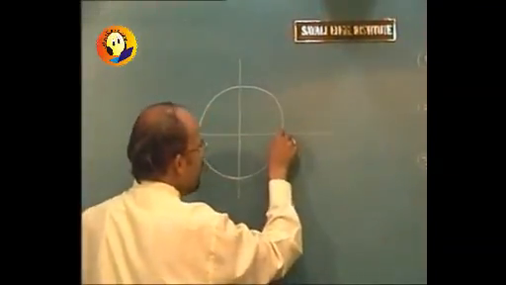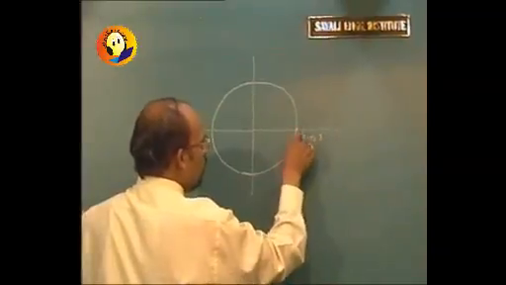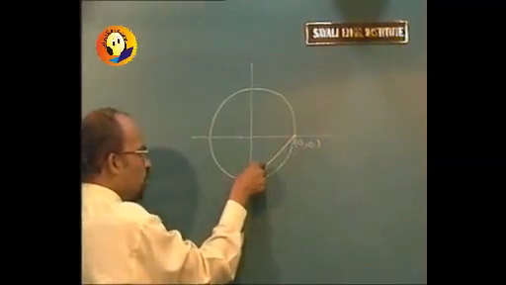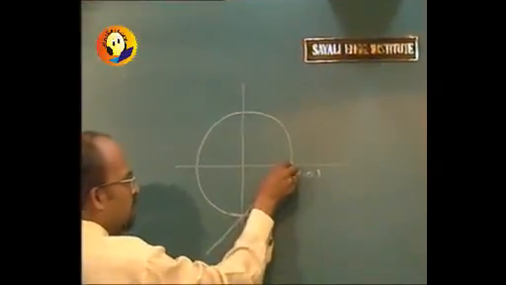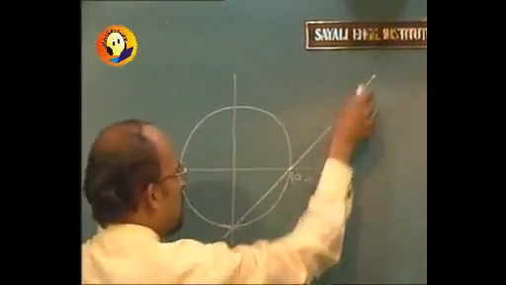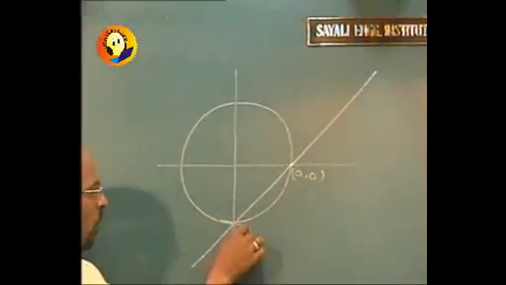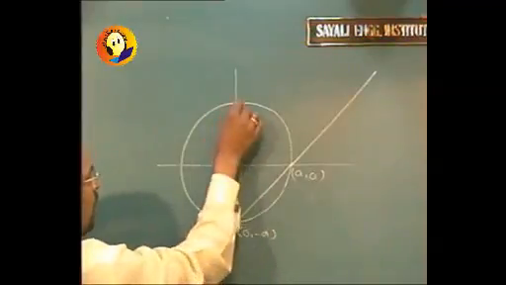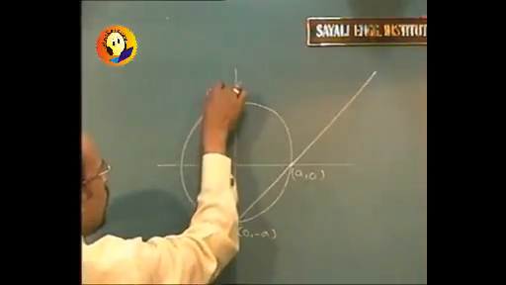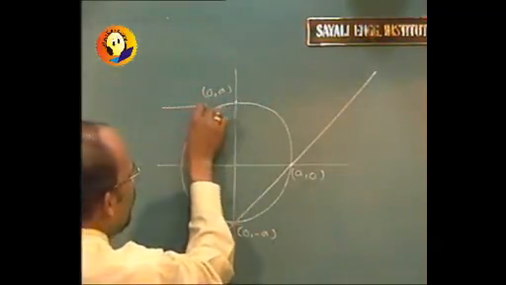We also know that this point is (a, 0). We know that the straight line he is talking of is this way, passing through (a, 0) and (0, minus a). This topmost point is (0, a), and the line y equal to a passes through it.